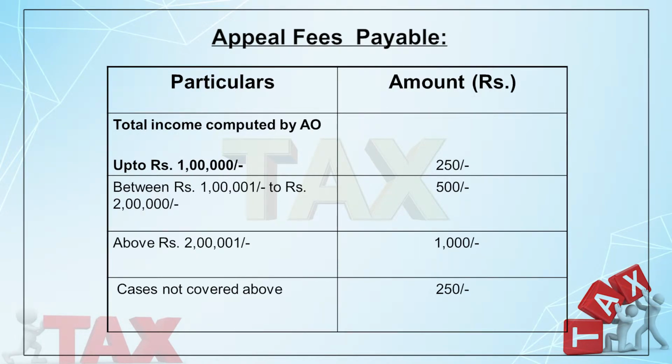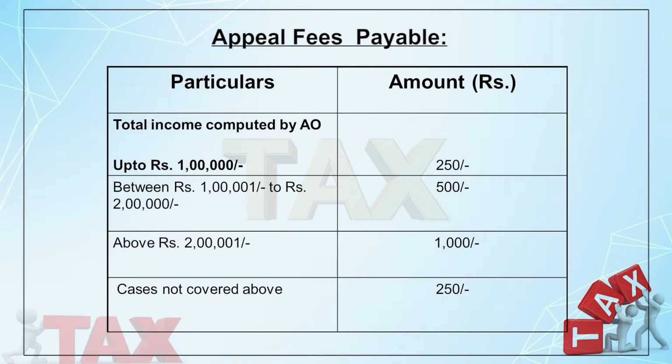What is the prescribed fees? If the total income of the assessee as computed by the assessing officer is up to 1 lakh rupees, it is 250. Where it is 1 lakh to 2 lakh rupees, it is 500 rupees. Where the total income computed is more than 2 lakh rupees, without any upper ceiling, it is 1000 rupees.